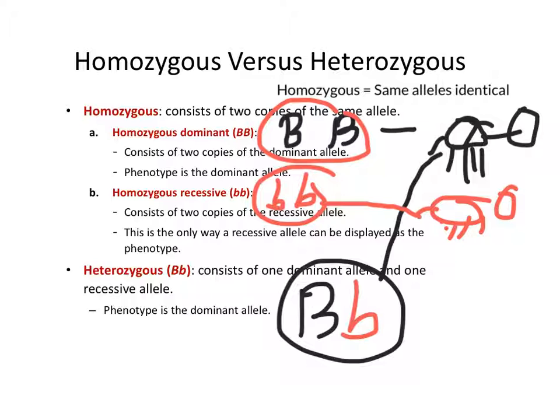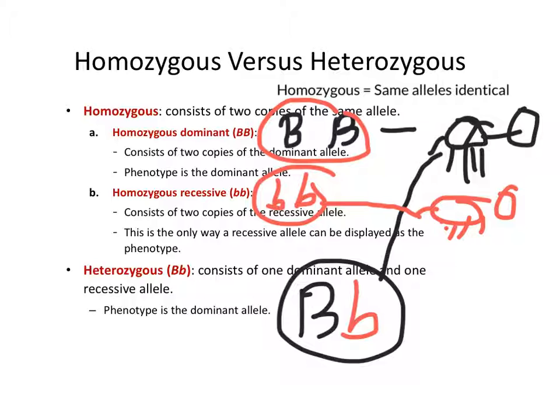Heterozygous, if it's a dominant expression pattern, the phenotype expresses the dominant allele, in this case, a protein with a black pigment. For a dominant phenotype, all you need is one dominant allele.